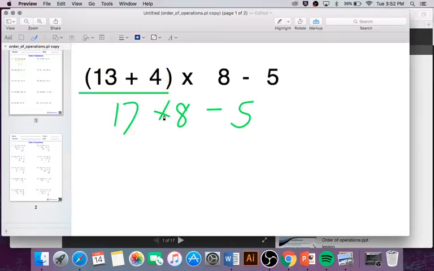Now we have 17 times 8 minus 5. The next thing we're going to do is our multiplication. So we have 17 times 8, which is 136.